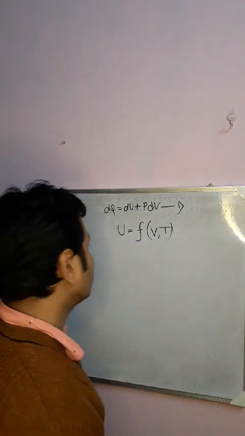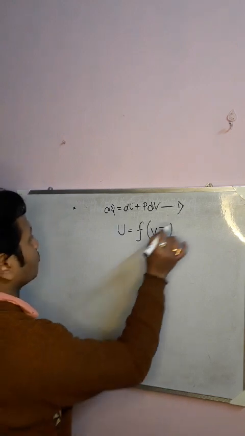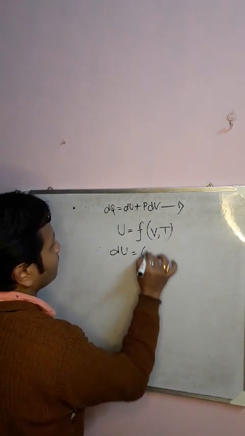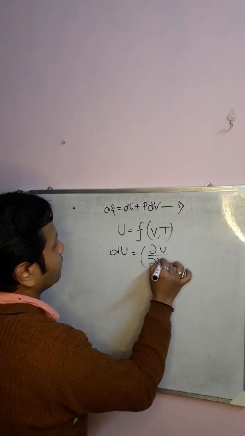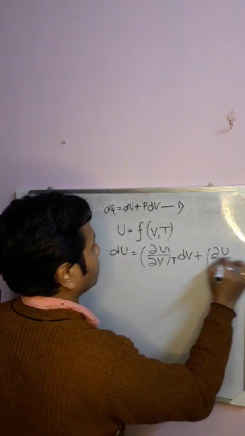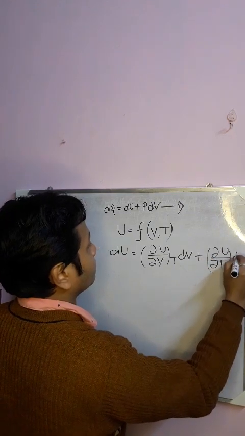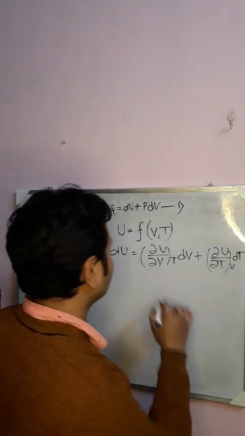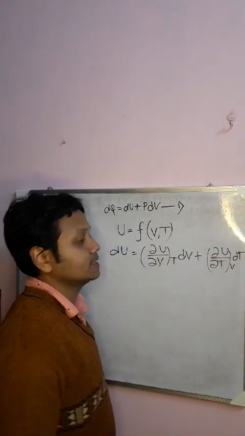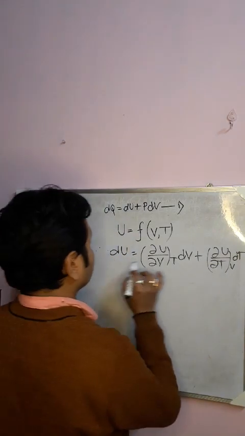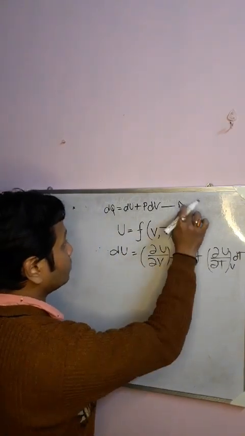Since dU is a perfect differential, we can write dU equals (del U/del V) at constant T dV plus (del U/del T) at constant V dT. So substitute the value of dU in equation 1.